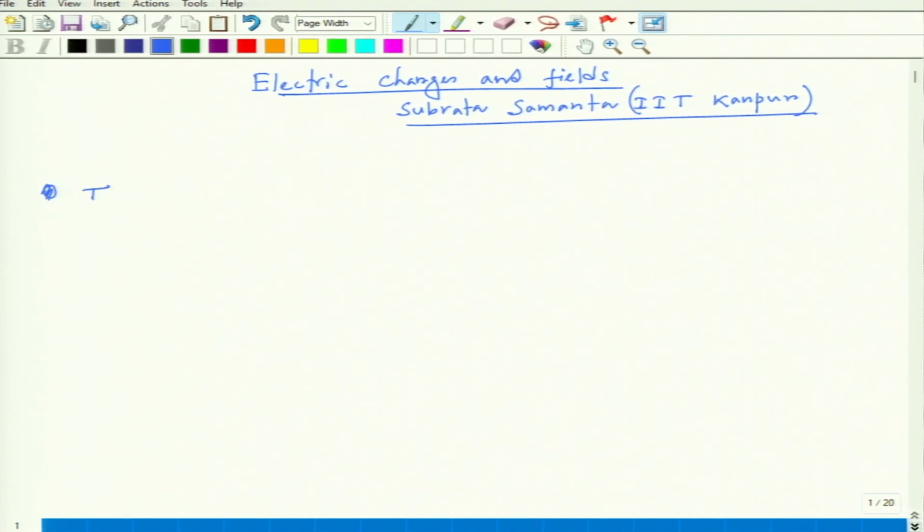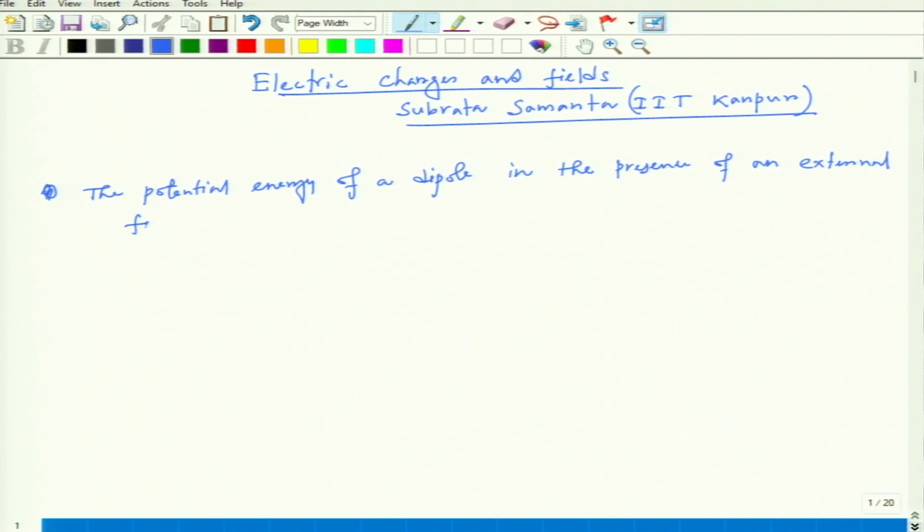Potential energy of a dipole in the presence of an external field: U = -pE cos theta.